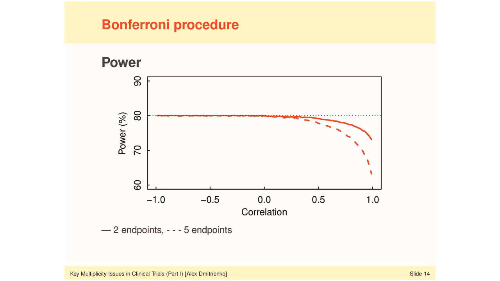This power loss directly translates in a lower probability of success in our clinical trials, a lower probability of reaching the market. This is the price a sponsor of a clinical trial pays for using an inefficient, overly conservative multiplicity adjustment.